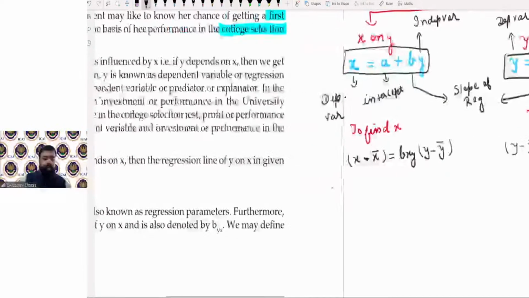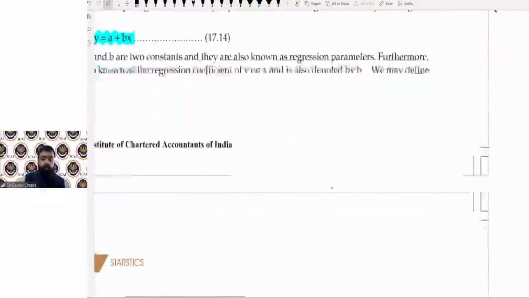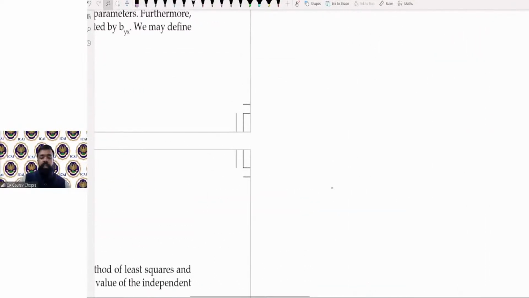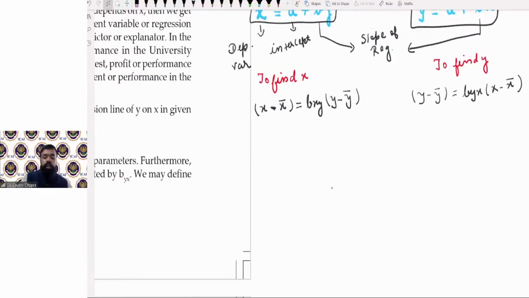All right. Now here bxy and byx, these two are known as coefficient of regression.